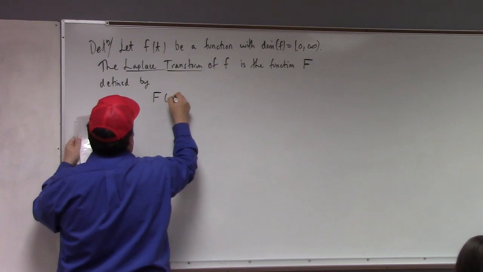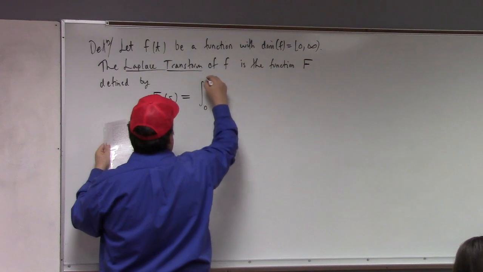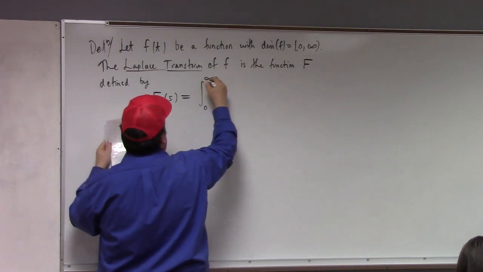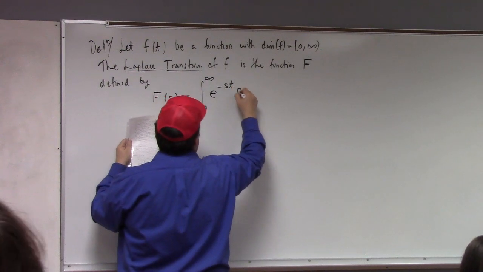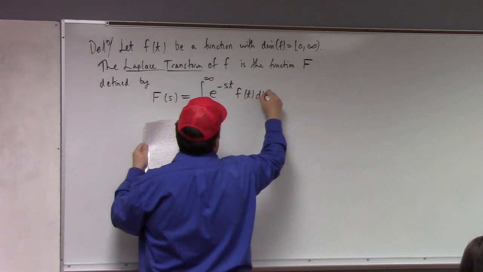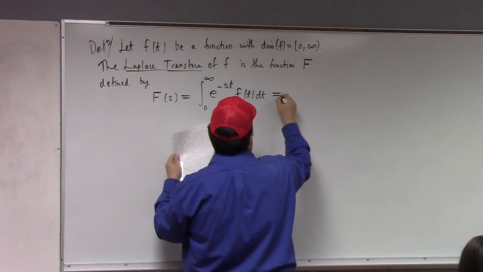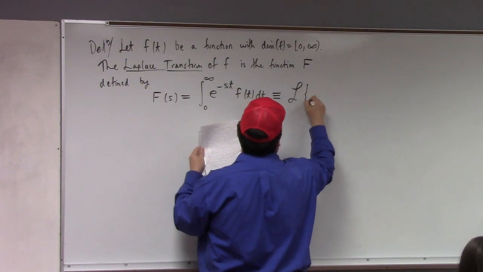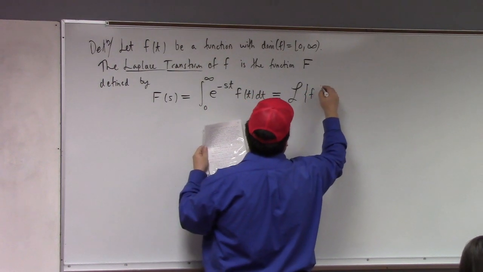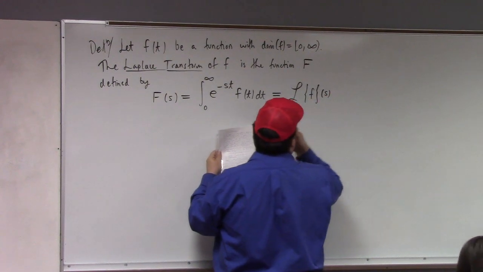F of s equal to, this is the definition, the integral from 0 to infinity of e to the minus s t, f of t dt. And we also denote this by the Laplace transform of f of s, all right?